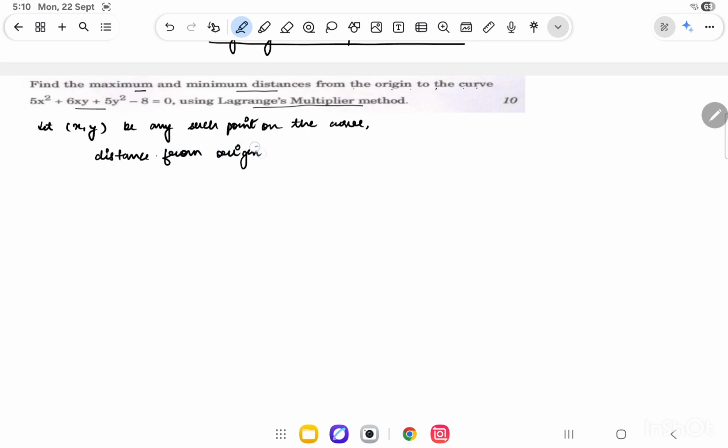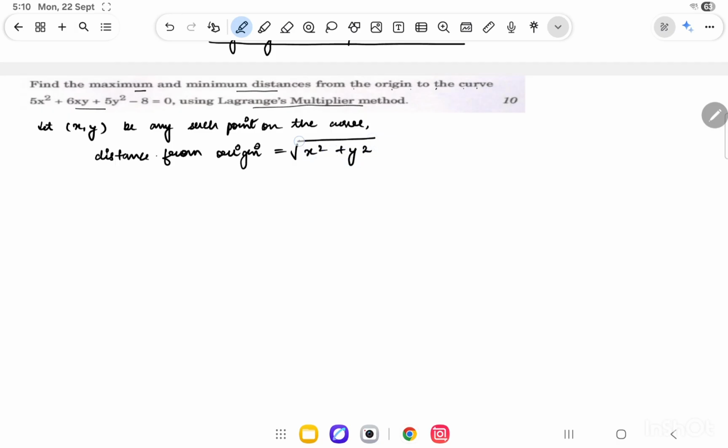Let us assume that (x, y) is any such point on the curve, then its distance from the origin will be under root x square plus y square.